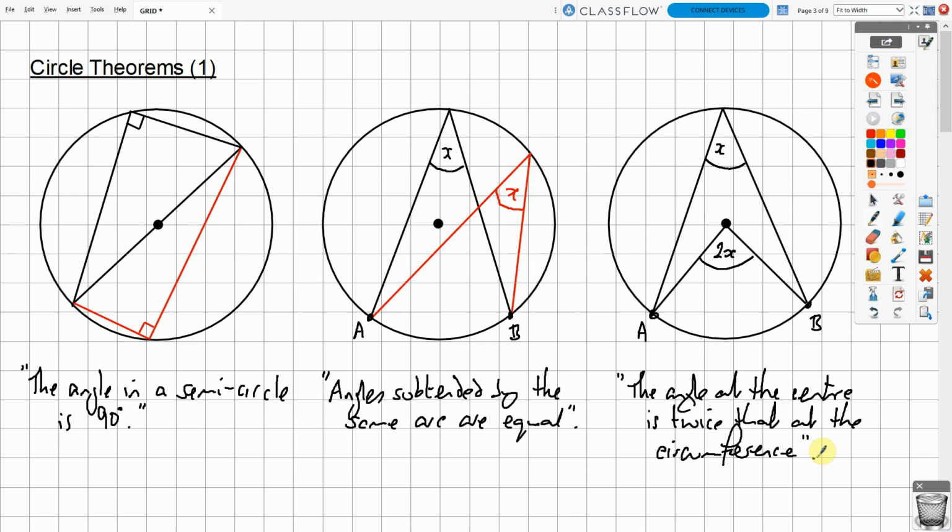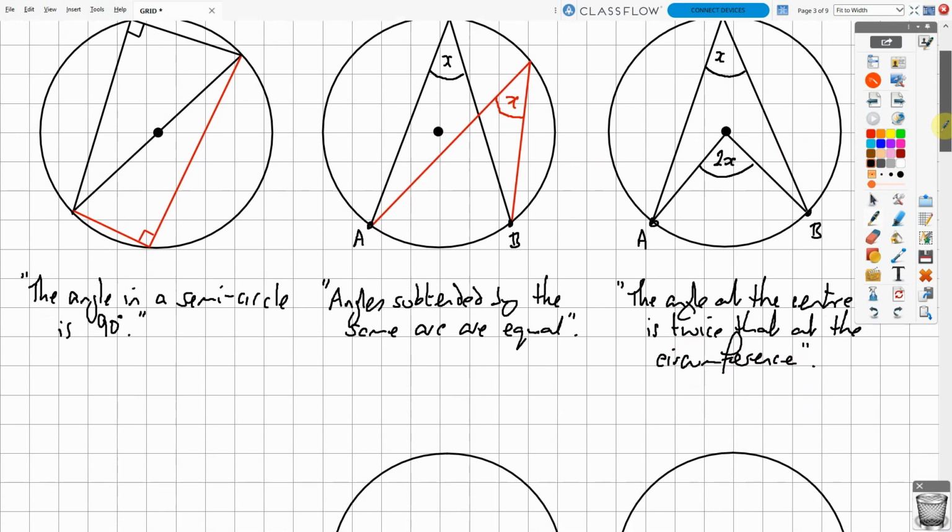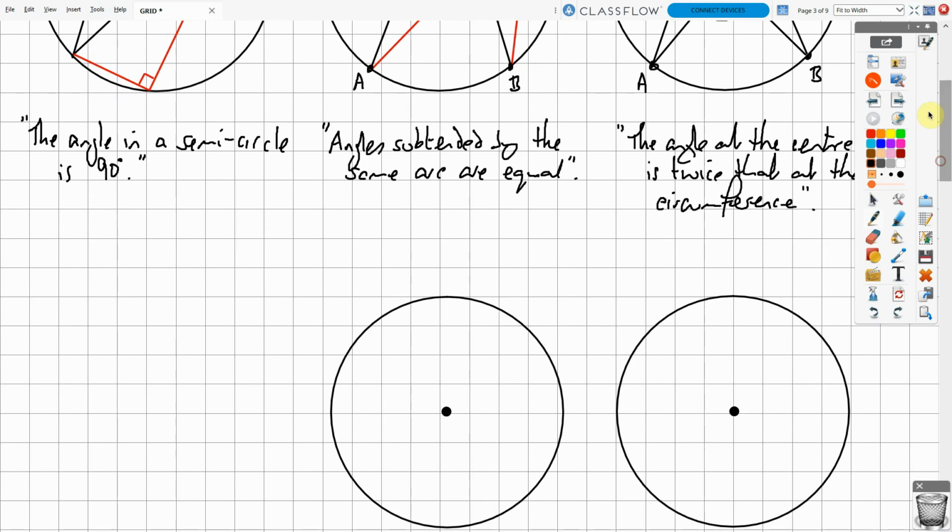So those are the three circle theorems I wanted to look at in this video. But I do just want to highlight the fact that these last two, they sometimes look quite different, even though they are the same rule. So I'm just going to draw them again.